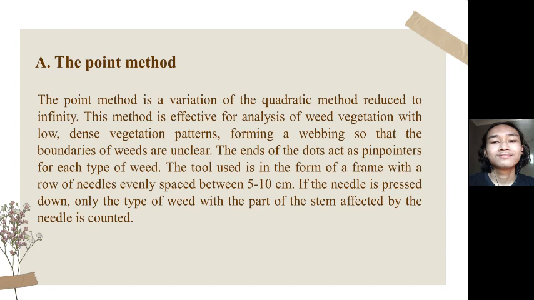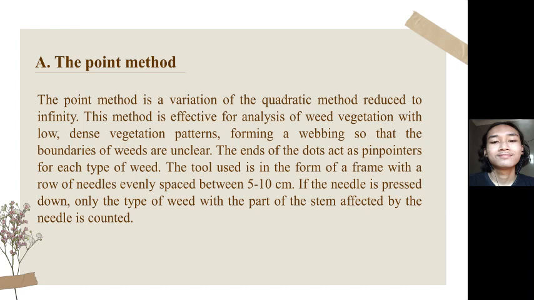C. The point method. The point method is a variation of the quadrat method reduced to infinity. This method is effective for analysis of weed vegetation with low, dense vegetation patterns, forming a webbing so that the boundaries are unclear. The end of the dots act as pinpointers for each type of weed.